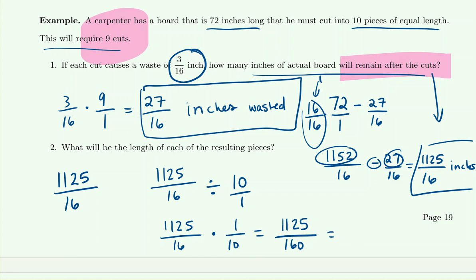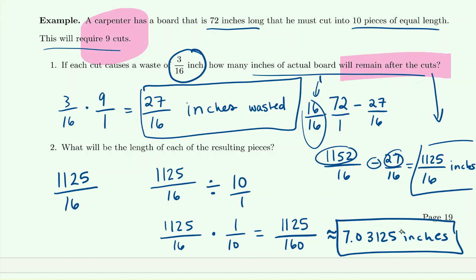And if we want to do that in our calculator, that would get us about 7.03125 inches long. So each piece of board would have to be about 7.03125 inches, and we'll have 10 of those. That would make up our original piece minus the cut difference.